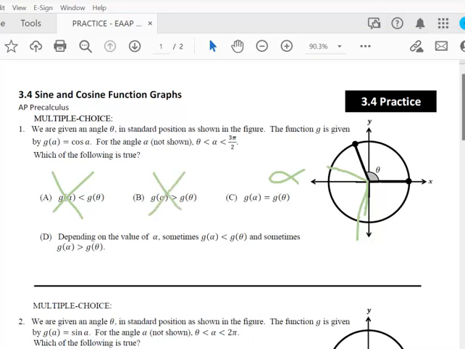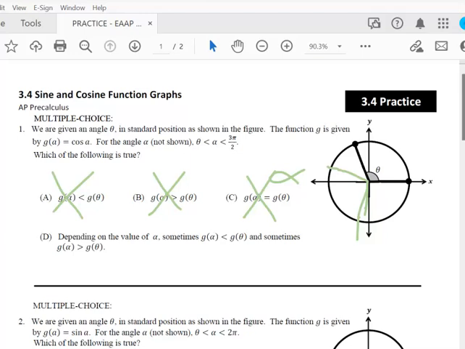Could angle alpha and angle theta have the same x-coordinate? They could, but is that necessarily true? If I draw all the possible angle alphas, they won't necessarily be equal to each other. Look at option D. Depending on the value of alpha, sometimes its x-coordinate is smaller than theta's, and sometimes it's bigger than theta's.